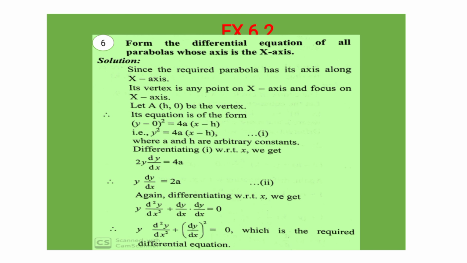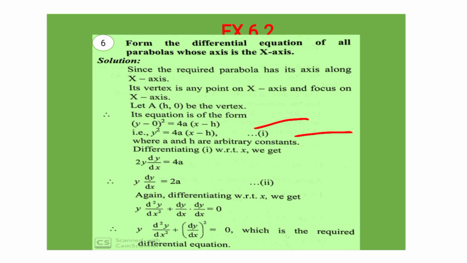Let A is h comma 0 be the vertex. Therefore, its equation is of the form y minus 0 the whole square is equal to 4a into x minus h, that is y square is equal to 4a x minus h.